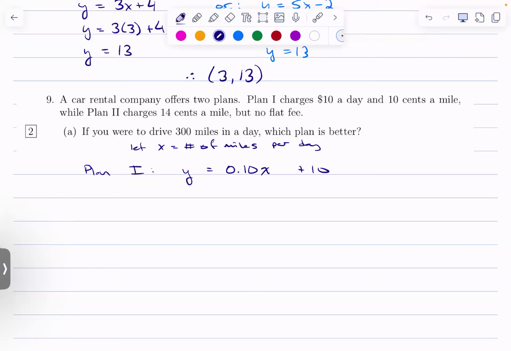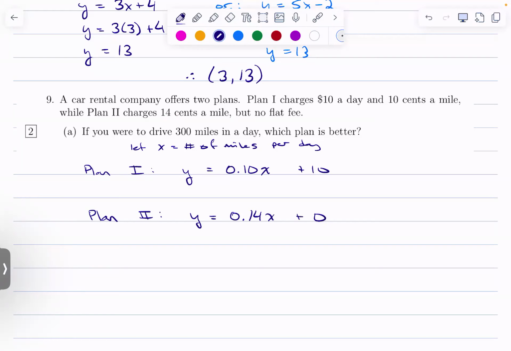Versus Plan 2 has the same layout, but they charge 14 cents per mile, but no flat fee. So plus 0. So now we have 0.14x plus 0.